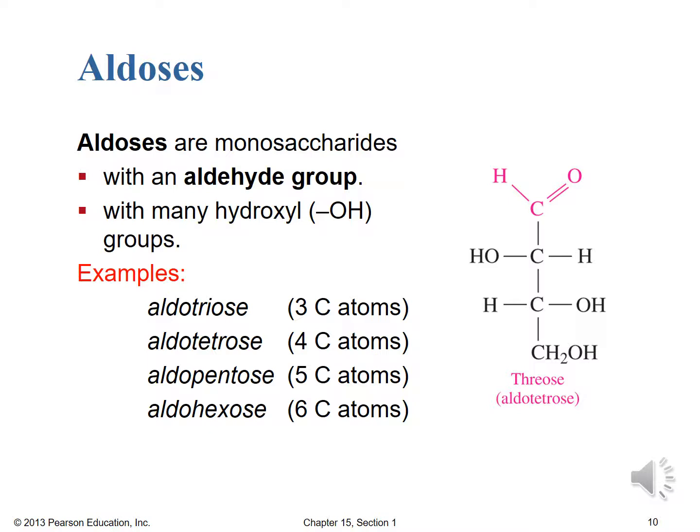That's an aldotetrose because it has 4 carbon atoms total, and it has an aldehyde functional group. That first carbon atom has the carbonyl and the hydrogen, and then a carbon group on its other side. We can have an aldopentose if we have 5 carbon atoms and an aldehyde functional group. And then finally an aldohexose if we have 6 carbon atoms and one of the aldehyde functional groups, right? That first carbon atom bearing the carbonyl.